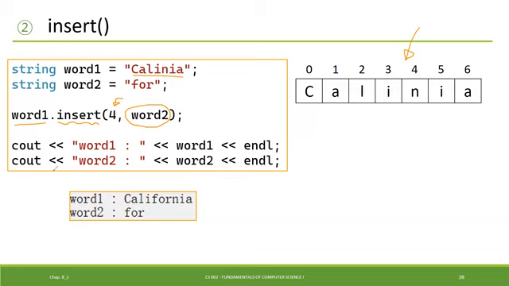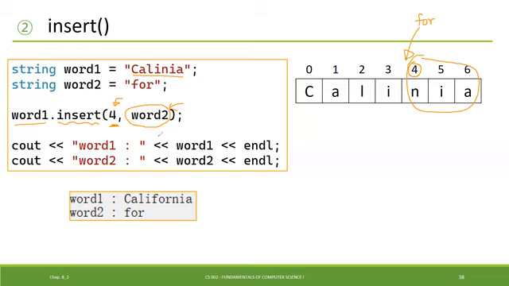So 4 is an index. 4 is this one, right? So insert word 2 at 4. These 3 letters will be shifted, so FOR will be inserted here, at index 4.